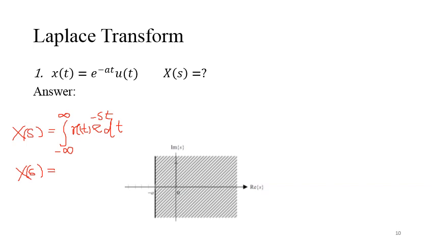So I straight away write it from 0 to infinity, because u of t is multiplied with it. So I just write the integration from 0 to infinity of e power minus at, multiplied by the exponential minus st, dt.